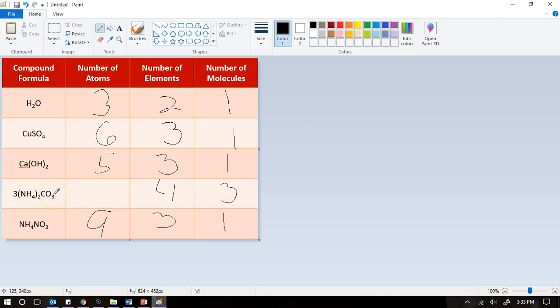Plus 3 oxygens gets me 14 total in a single molecule. Okay, but I've got 3 of those molecules. So ultimately, when I multiply that 14 times 3 molecules of that particular compound, I end up with 42 atoms.